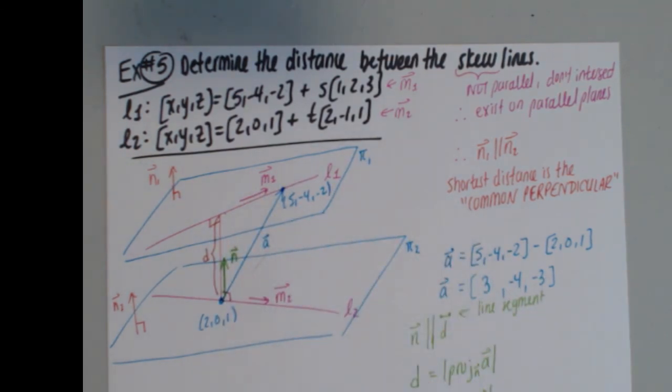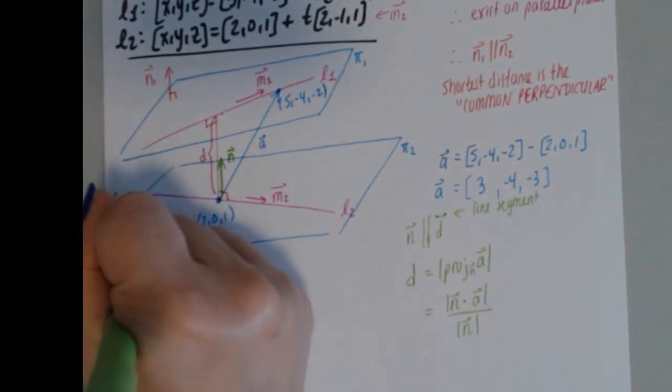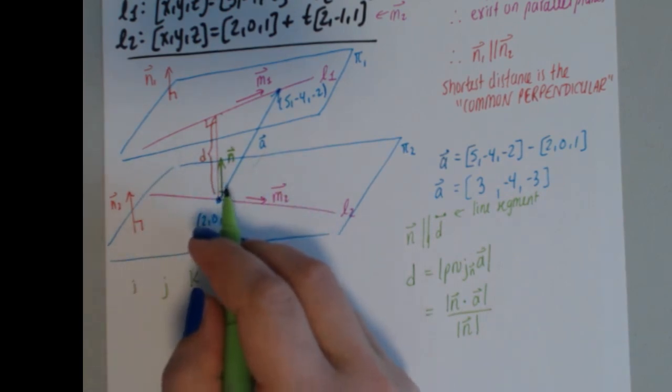Now, if I take the cross product of those two vectors, I will, by definition, get a vector that is perpendicular to both M1 and M2. Now, based on my picture, as long as I get a vector that is perpendicular to M2, or even M1, but in this case M2, I'm good to go. So I'm going to go ahead and take the cross product of these two direction vectors in order to obtain a vector which I can represent as N.